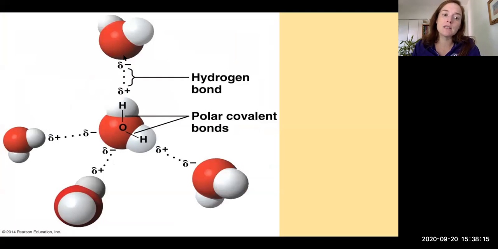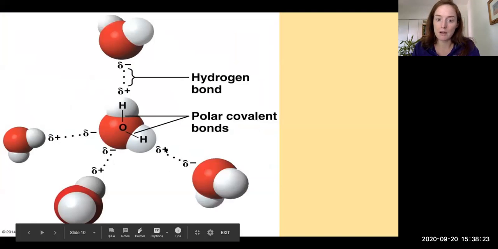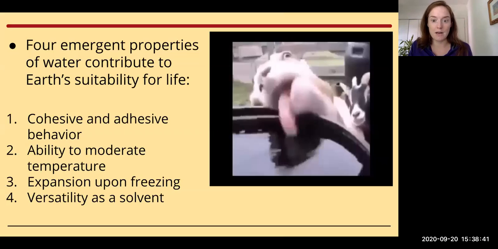But the interactions between multiple different water molecules are called hydrogen bonds. And they're much weaker than covalent bonds because they're just temporary attractions. As the water molecules are passing by one another, they're attracted to the different parts. So they're not super strong, but they do still play an important role in giving water its unique properties.